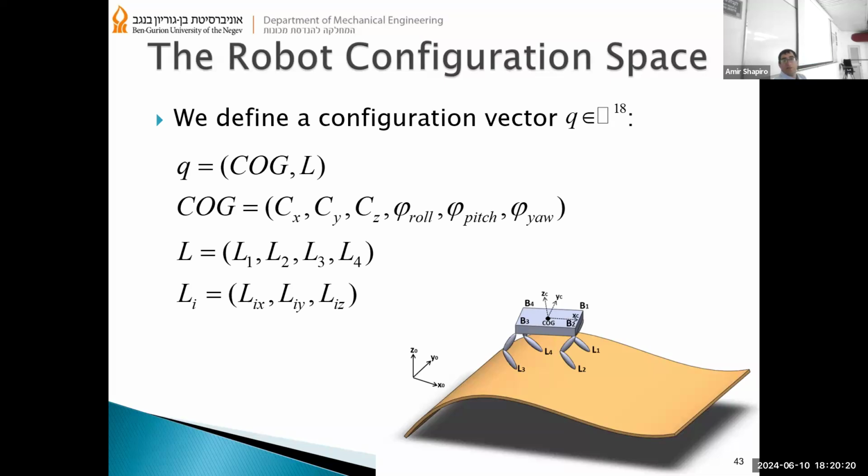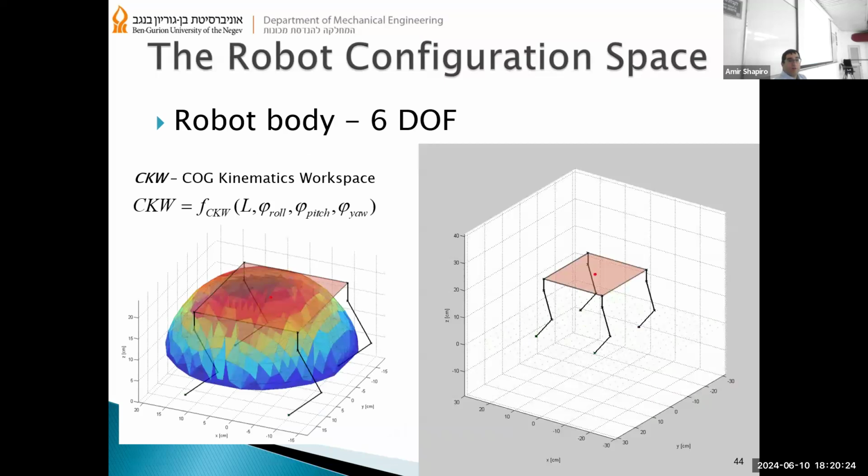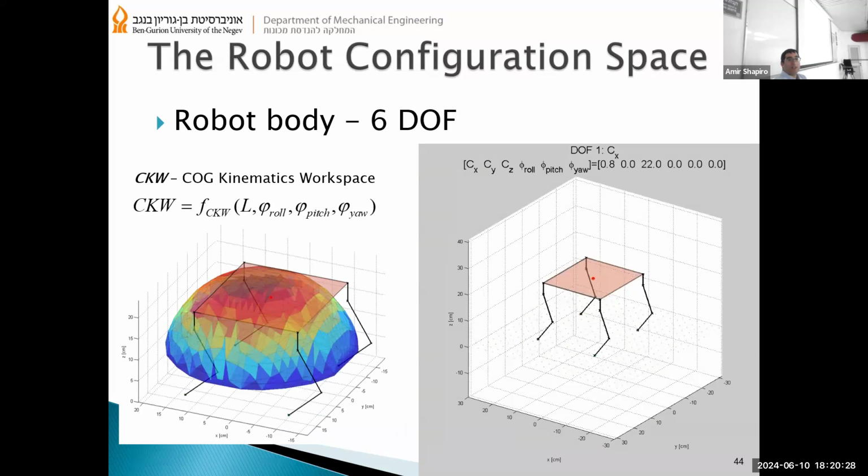It's 18 dimensions. The central body can move in any direction, as you can see here, while solving the inverse kinematics.